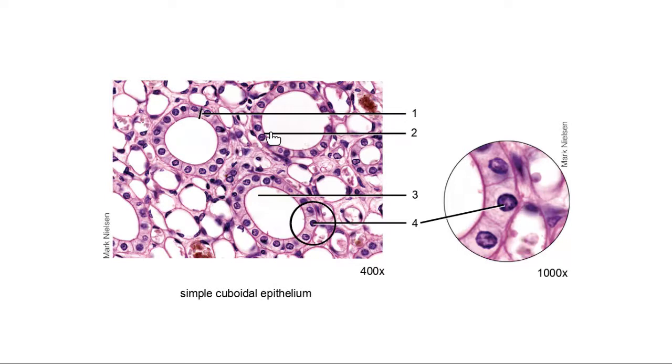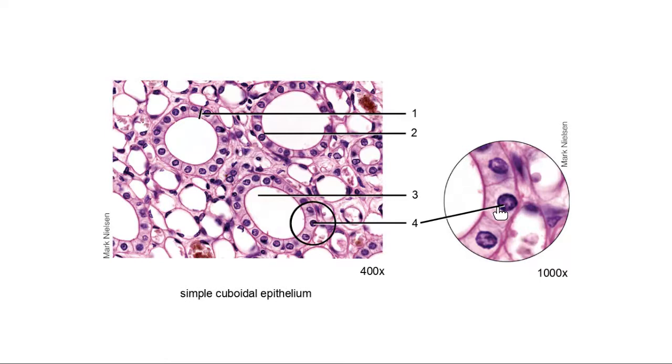Number 2 wants to show you the apical surface of the cells. Number 3 wants to show you the lumen. And number 4 is one of the cuboidal cells with the round nucleus in the center of the cell.